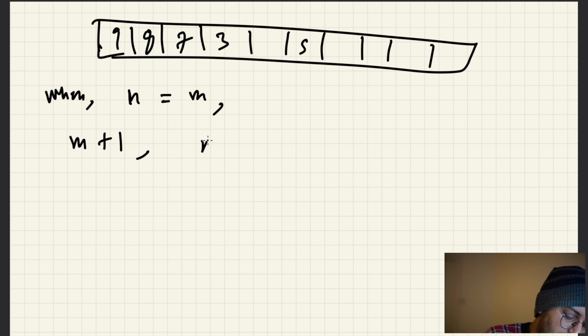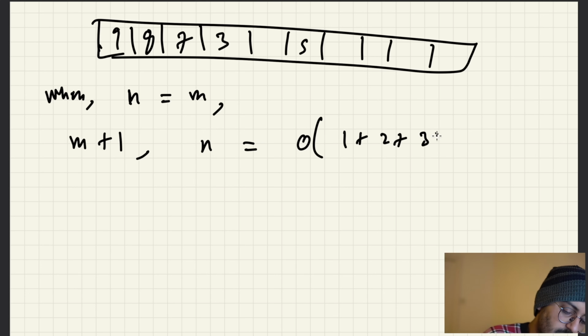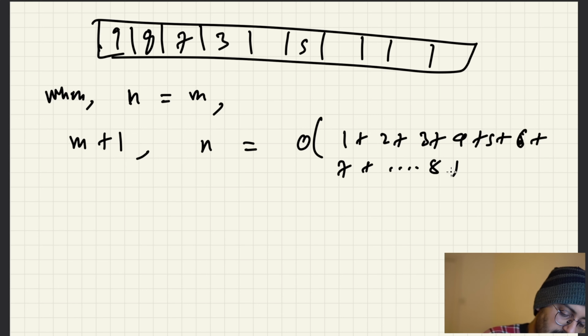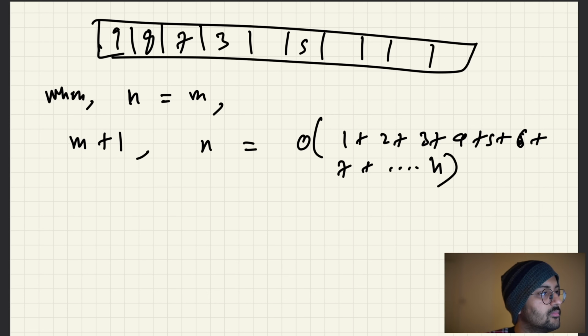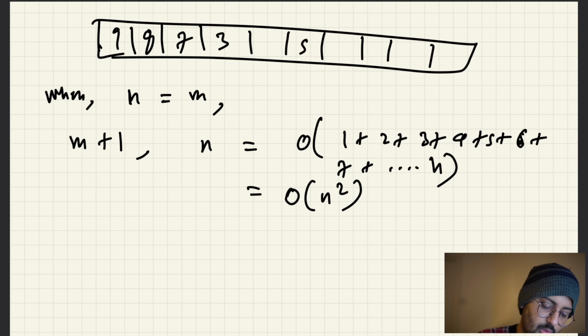So n inserts will cost how much? O of 1 plus 2 plus 3 plus 4 and so on, because you're copying again and again. For the nth element, you will be doing n operations, because you copy n elements, then add a new one. Okay, this comes out to be the sum of n numbers, O of n squared. So in order to add n elements, you are doing O of n squared time complexity.